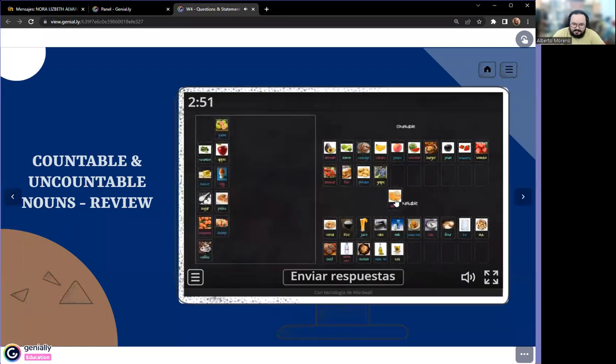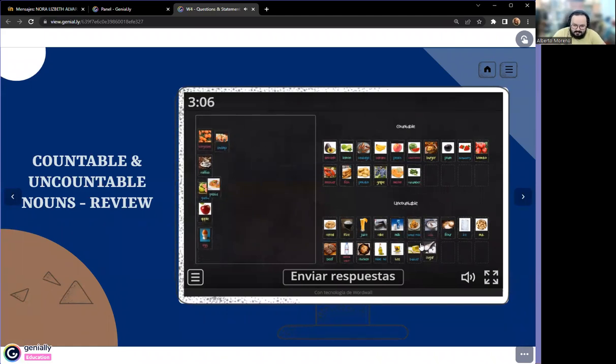Melon. Countable. Cucumber. Countable. Butter. Uncountable. Sugar. Uncountable. Tangerine. Countable. Mandarinas. Coffee.